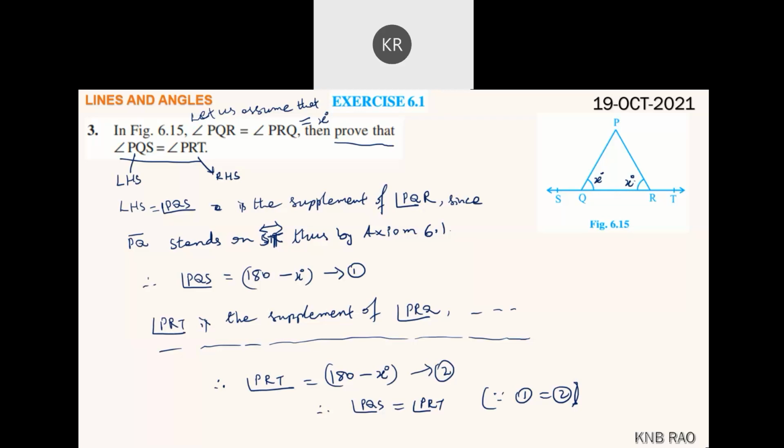So this is the method of proof. Start from LHS reaching RHS, or start from RHS reaching LHS, or separately find LHS and RHS and show both are equal to the same thing. So these are techniques of proving. Have you understood, children?